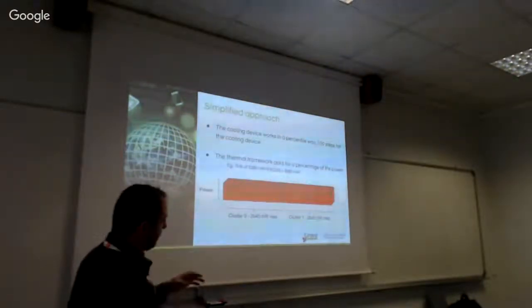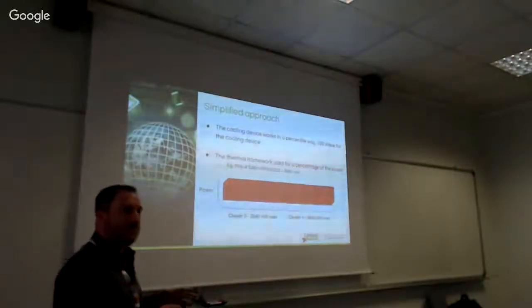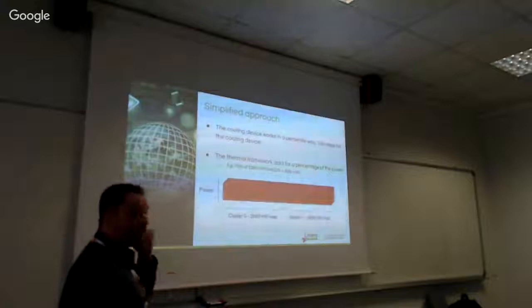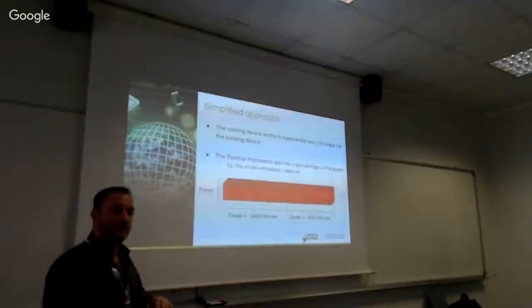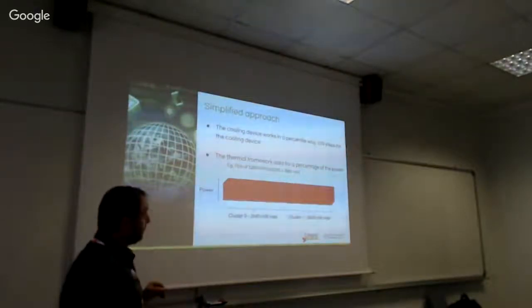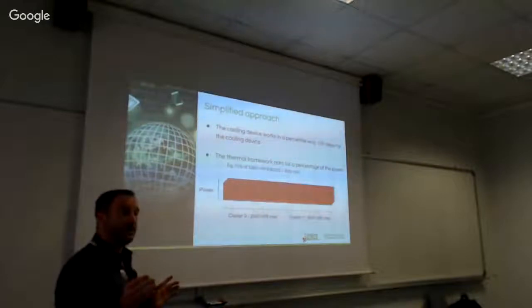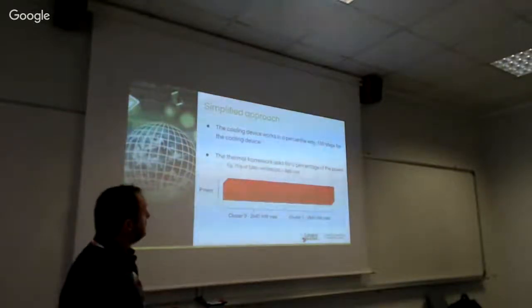For the thermal driver, the cooling device, we use a simplified approach. Instead of having 1, 2, 3, 4 steps for the cooling device states, we do it in percentage. So we have between 0 and 100 steps for the cooling device.